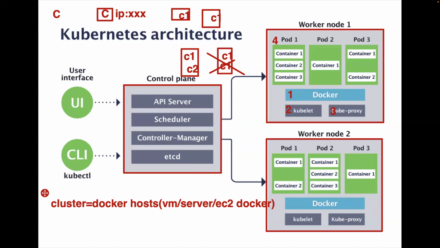So here worker 1 plus worker 2, these two combined together are known as the cluster. The control plane, the master node, is also part of it. All of them put together is a cluster. Out of this bunch of Docker hosts, there will be worker nodes as well as master nodes. The master node is the manager which will manage the cluster.